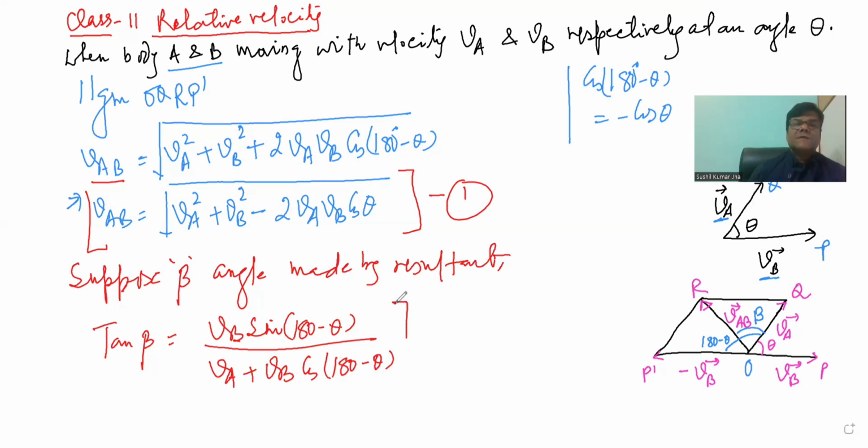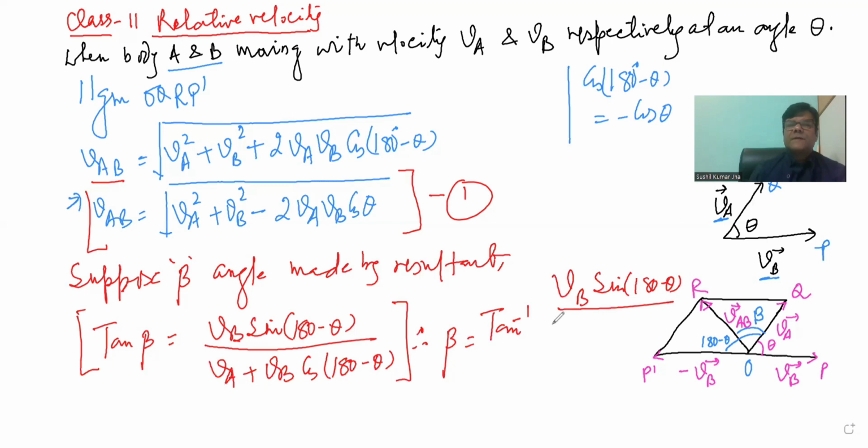So this becomes the direction of the resultant. Obviously, if you want the angle beta, then it will be tan inverse of VB sine 180 minus theta whole divided by VA plus VB cos 180 minus theta. So this is the direction of the resultant.